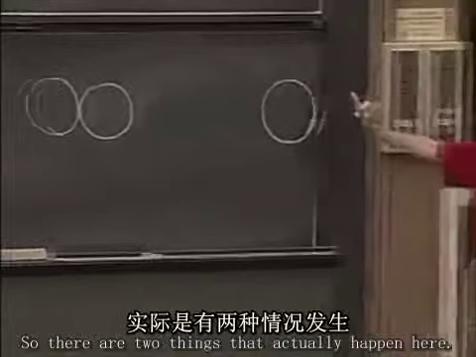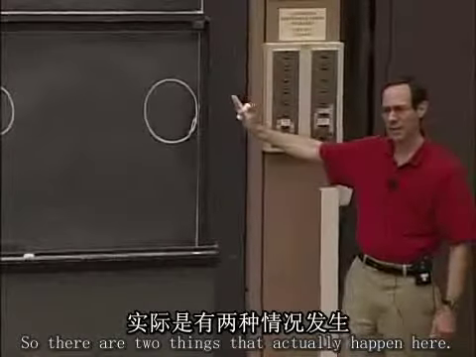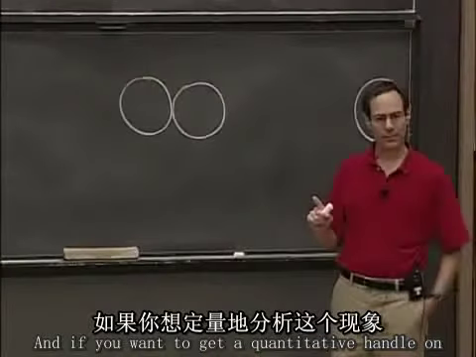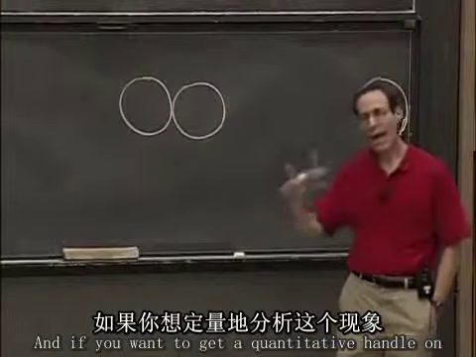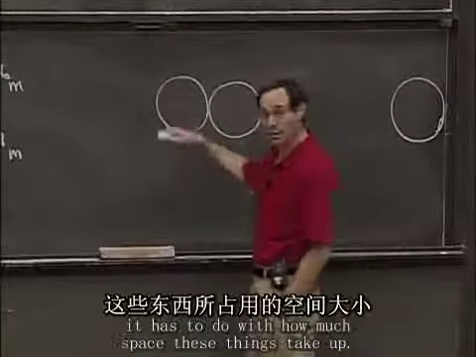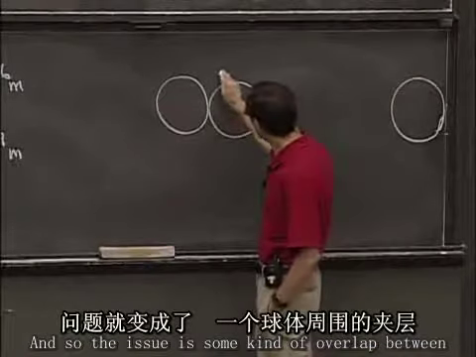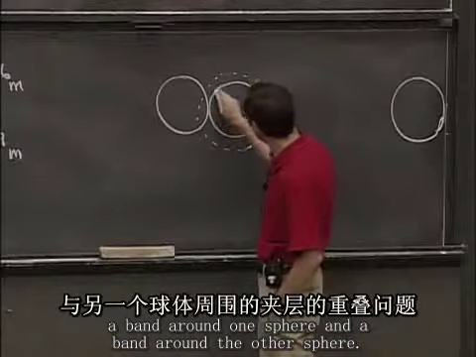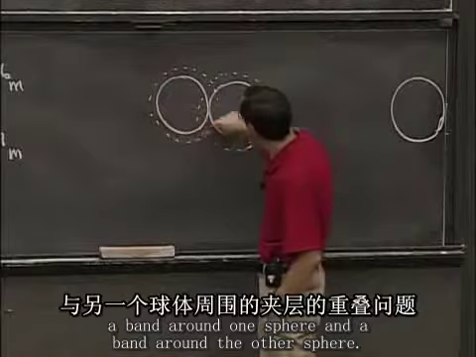All right? So there are two things that actually happen here. And if you want to get a quantitative handle on how much of this happens, it has to do with how much space these things take up. And so the issue is some kind of overlap between a band around one sphere and a band around the other sphere.